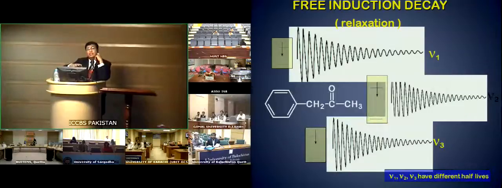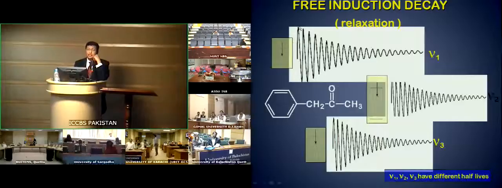Now, as soon as the radio frequency is gone, it would start precessing on the XY plane, moving full circle in front of the detector. The detector is now on and the radio frequency is off, and that magnetic field is ever present, and the magnetization is moving on the XY plane and at the same time losing the angle to go back to thermal equilibrium.